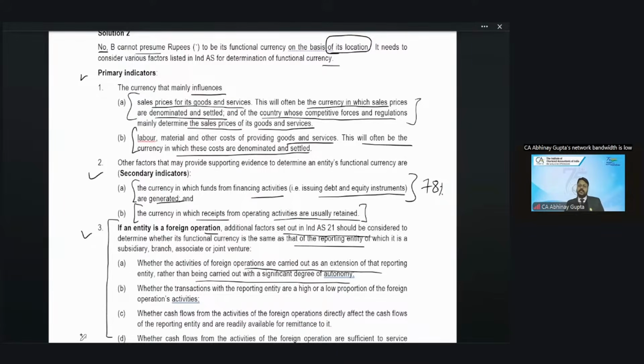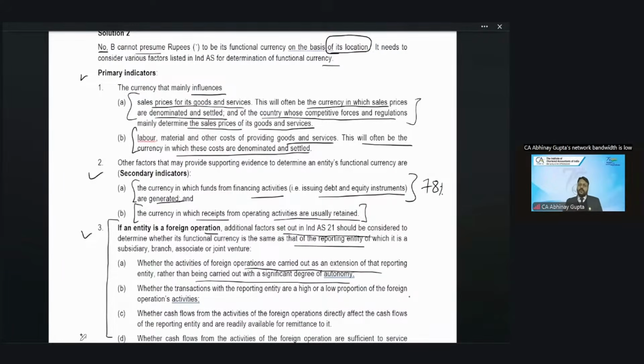It is deciding the sale price on its own. It is doing the manufacturing on its own. It is selling the goods on its own, collecting the cash on its own, and using the cash for various activities on its own without any interference from any other company, right?